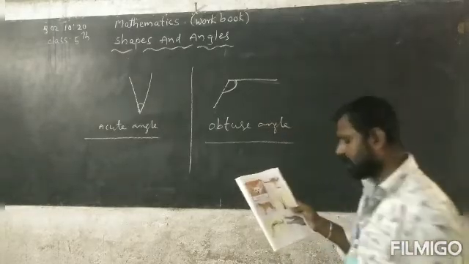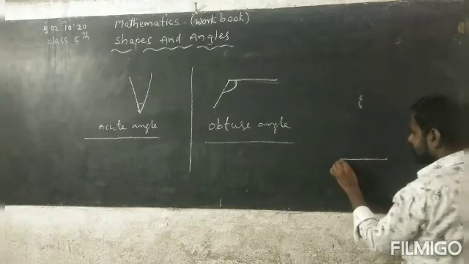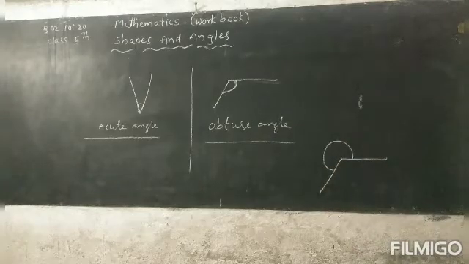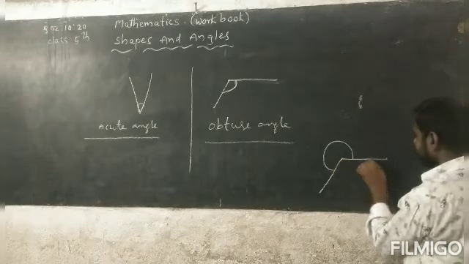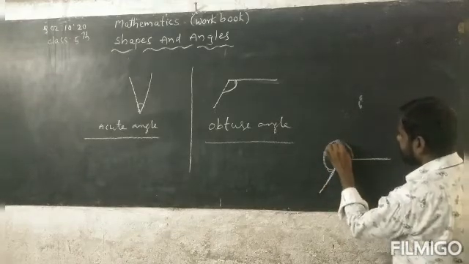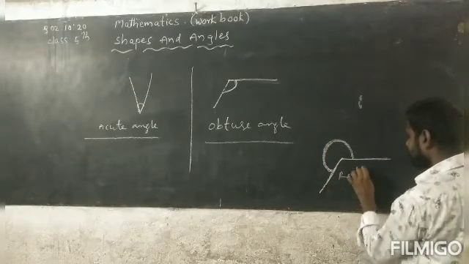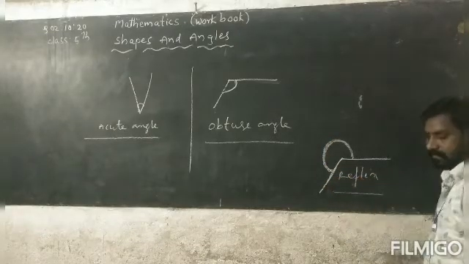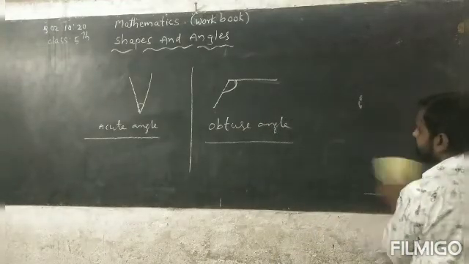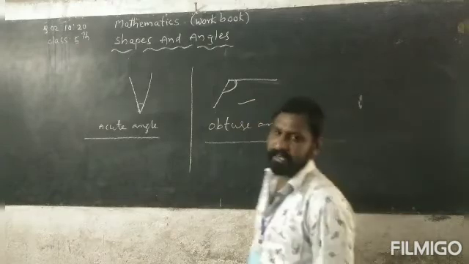So the deer is jumping, so this is an obtuse angle. If the figure were given like this only, this is called a reflex angle, but here it is not given. So the deer is jumping in the picture, so now it makes an obtuse angle.